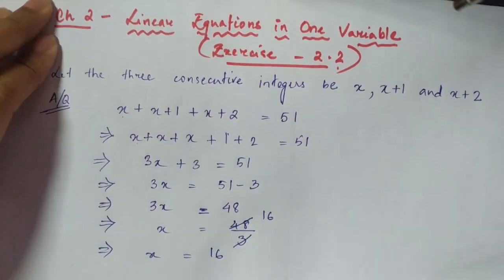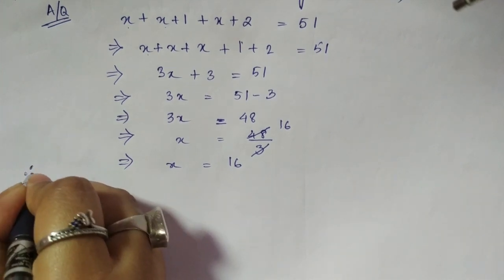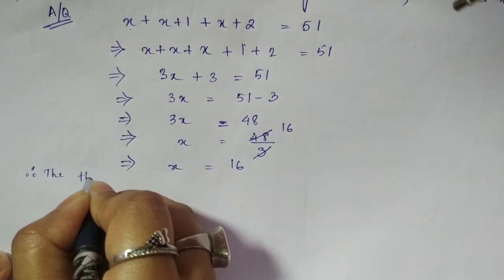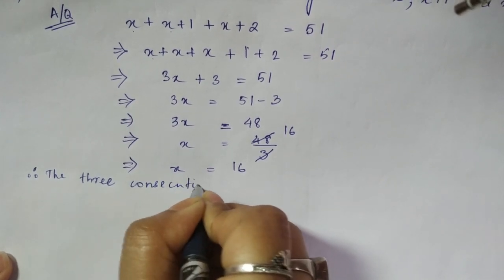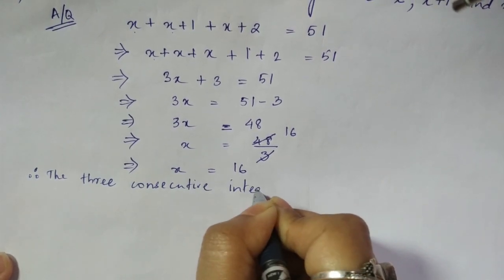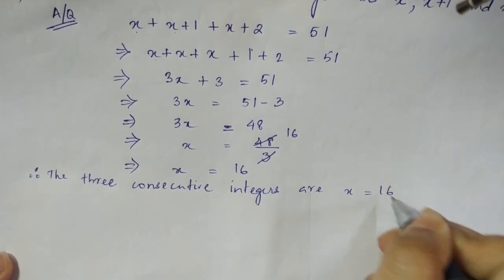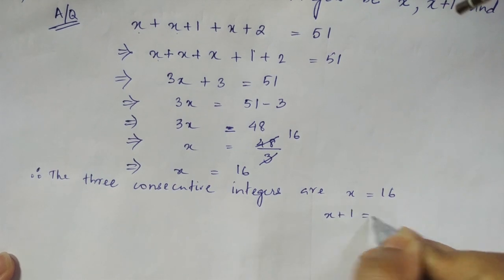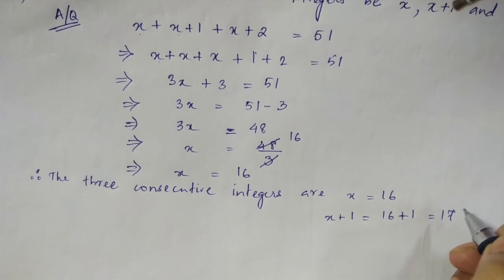Okay. So let's write down the integers. Therefore, the 3 consecutive integers are: first one is x, which is equal to 16. Next one is x plus 1, so 16 plus 1 will give me 17.